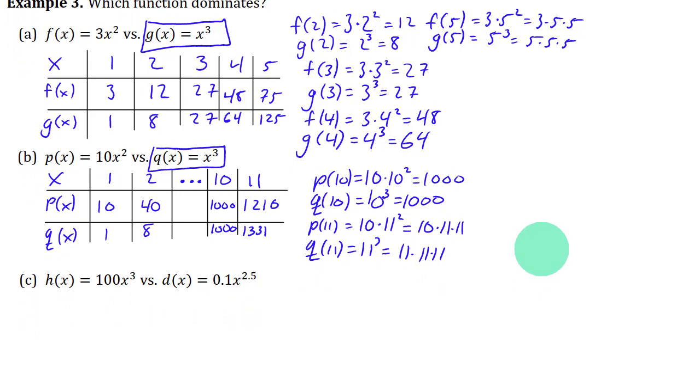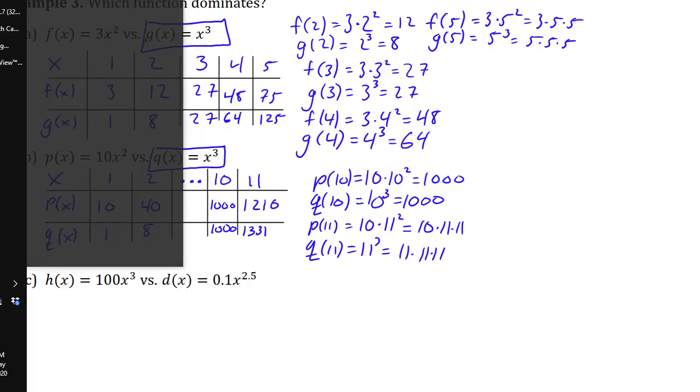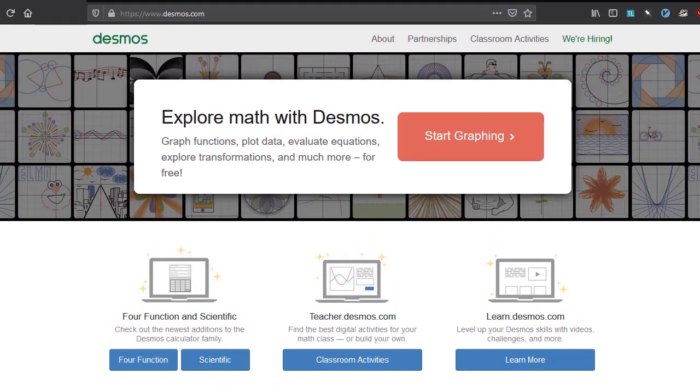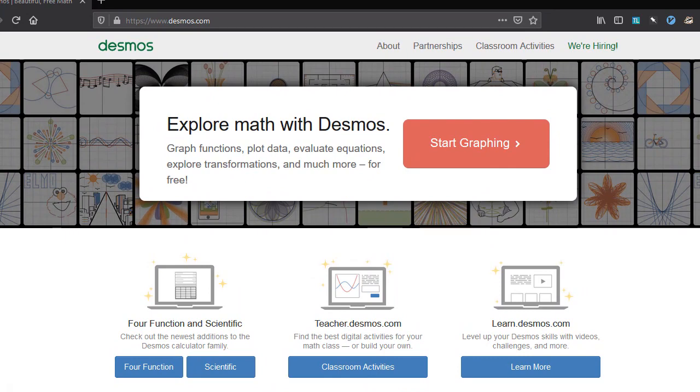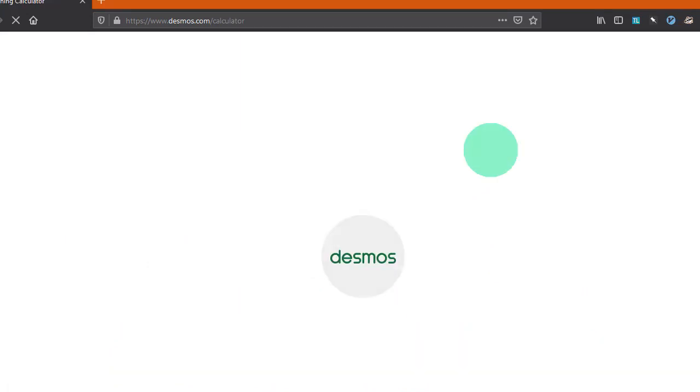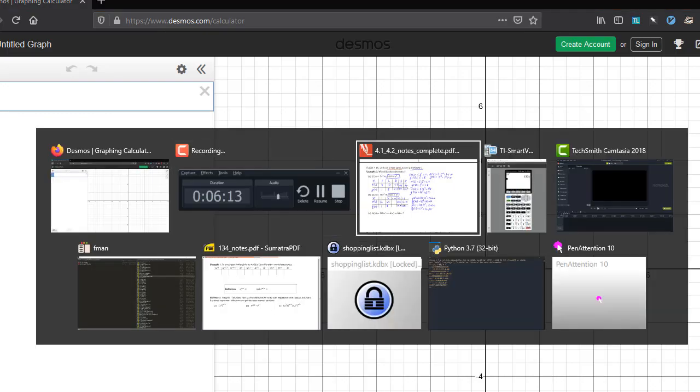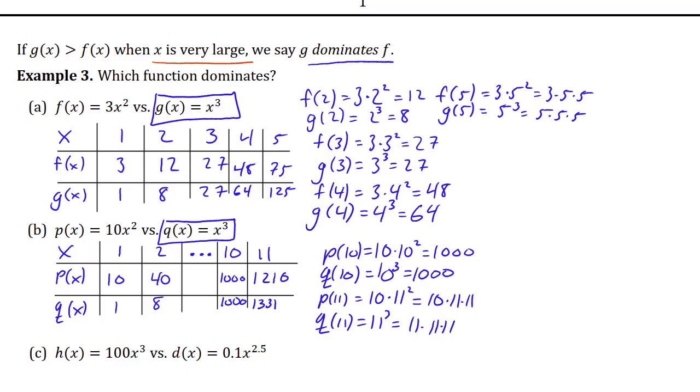Okay, with C, it's a little harder to do the arithmetic with this one, so I'd like to try graphing it on Desmos. So I'm going to open my browser, go to desmos.com, and so we're graphing y equals 100 times x cubed.